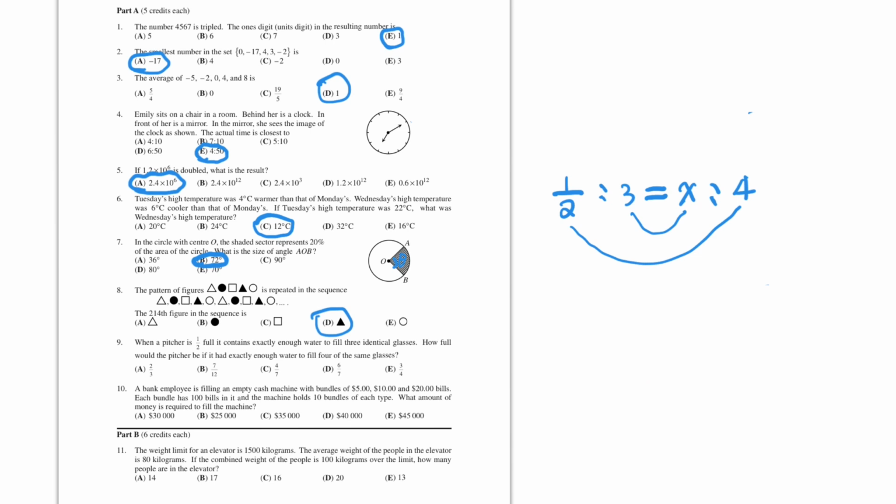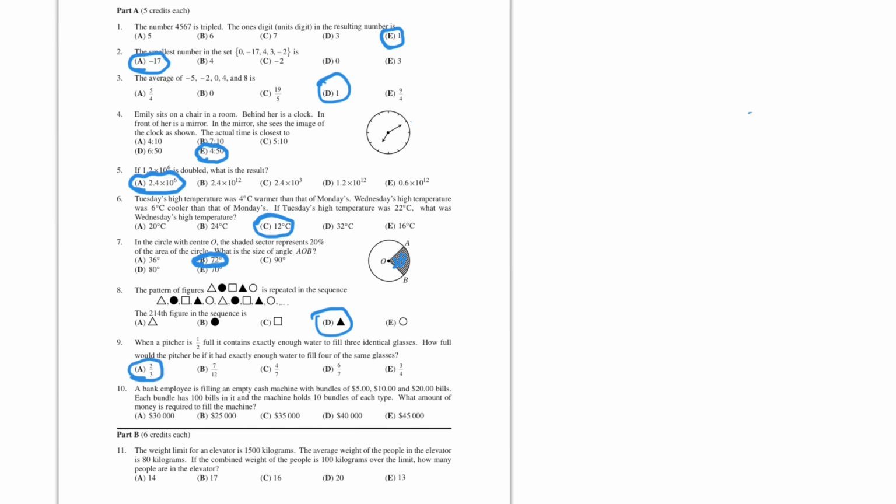So that means 3x equals 4 times 1 over 2. Cross cancel gives us 2. So 3x equals 2. Divide both sides by 3, x equals 2 over 3. The answer is A.